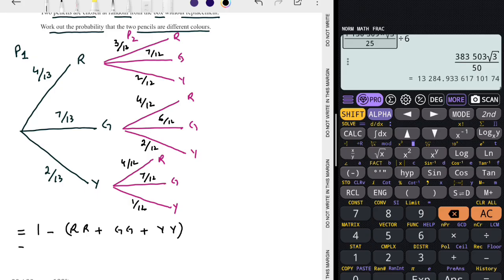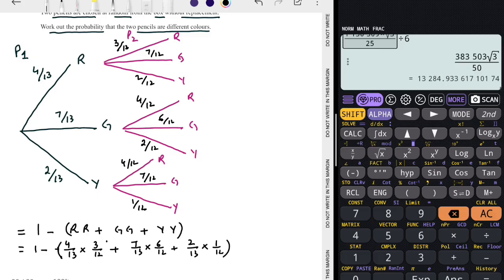So it will be 1 minus red and red, which is 4 by 13 times 3 by 12, plus green and green, 7 by 13 times 6 by 12, plus yellow and yellow, 2 by 13 multiplied by 1 by 12.